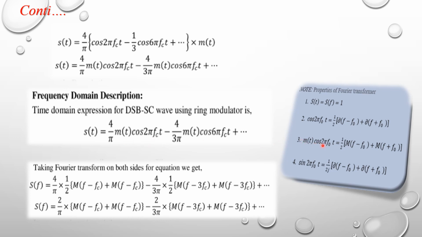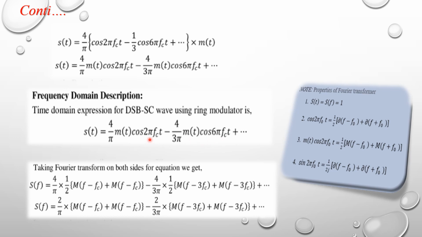Just apply the third property. The third property says m(t) cos 2πf₀t = 1/2 [M(f − f₀) + M(f + f₀)]. Here this is the first term and this is the second term.